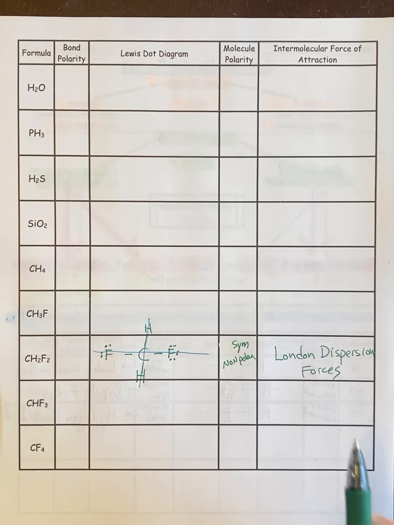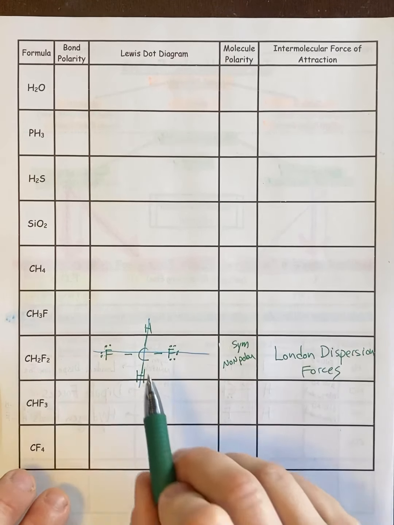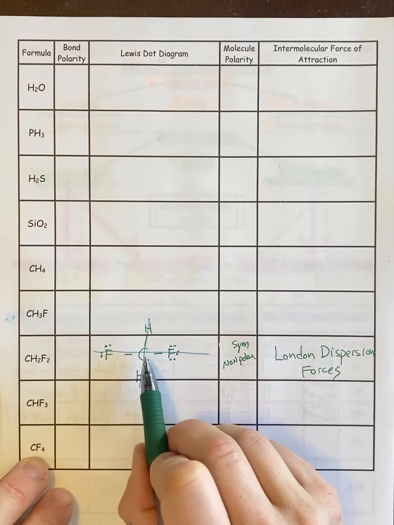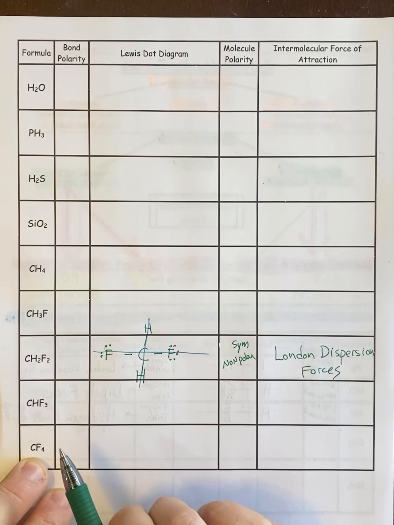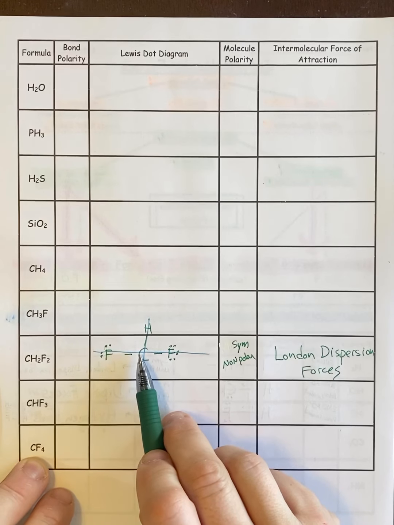The reason it doesn't have hydrogen bonds is because the F is bonded to the C, and then the C is bonded to the H. In order to be real hydrogen bonds, the F has to be directly bonded to the H, and it's not in this case. So be aware of that.